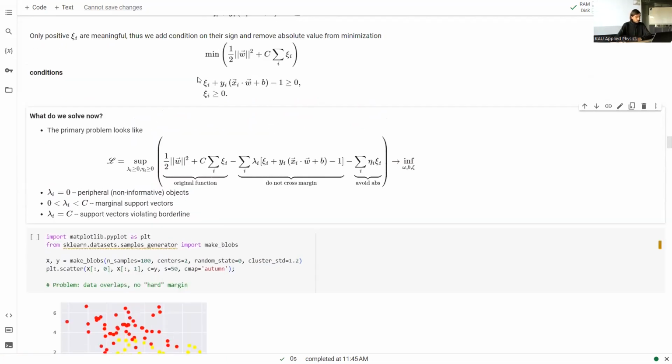So if this condition is fulfilled, this thing is positive. So this part here is positive. Lambda i is positive. But here is a minus sign, so it makes my overall Lagrangian smaller. What should I take lambda i to make a supremum, to make it bigger?